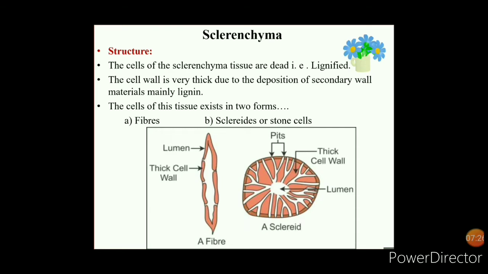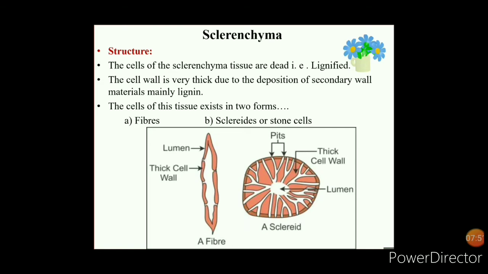That lignified cell is considered a dead cell, and those which are non-lignified are called living tissue. Parenchyma and Collenchyma are living tissues, whereas Sclerenchyma is a simple tissue but it is lignified or dead tissue. The cell wall is very thick due to deposition of secondary wall material, mainly lignin.